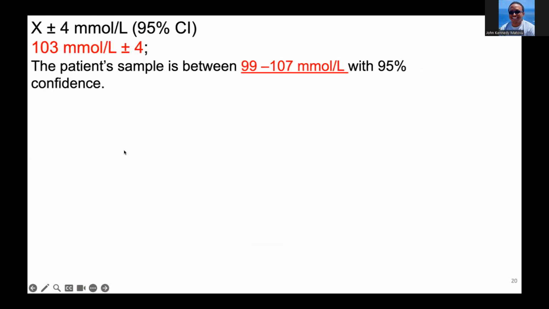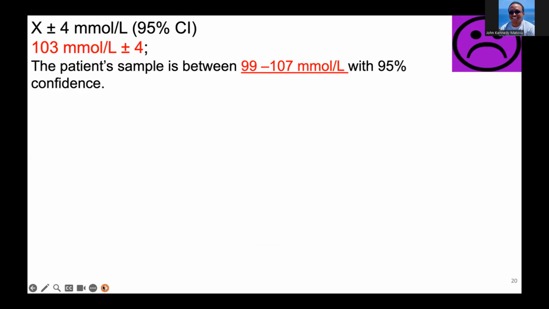So now you have 103 millimoles per liter plus or minus 4, which is between 99 and 107 millimoles per liter.